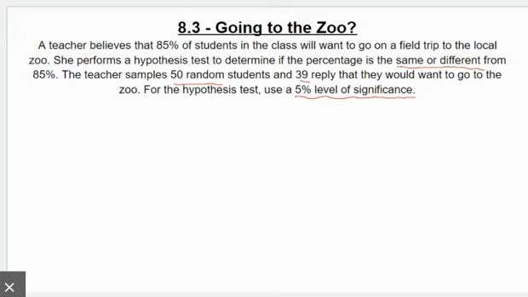In a trial, there is evidence. What the prosecutor is trying to do is provide enough evidence to convict that person who is being accused of the crime. It's the same thing in a hypothesis test. We are going to collect a sample, and our sample is going to be our evidence.